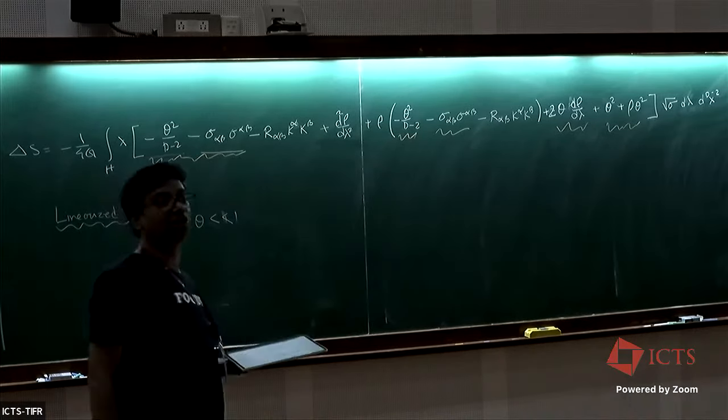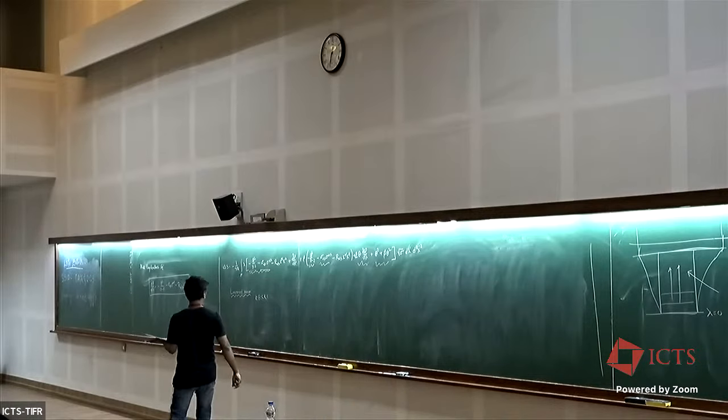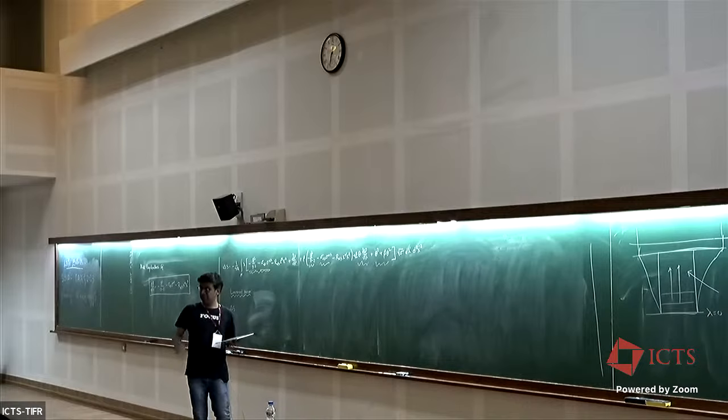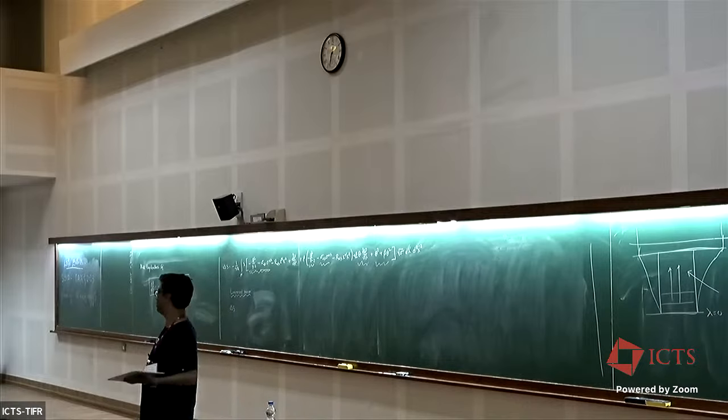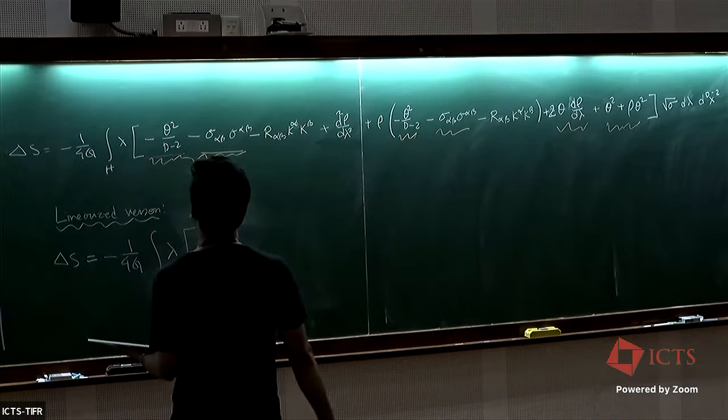If I do that, what do I have in linear order perturbation? Let me write it down, delta S. First we have the integrated version. Now you have a linearized integrated version of the physical process. Let's see what it gives. It gives me minus 1 by 4G integration lambda, and what remains?